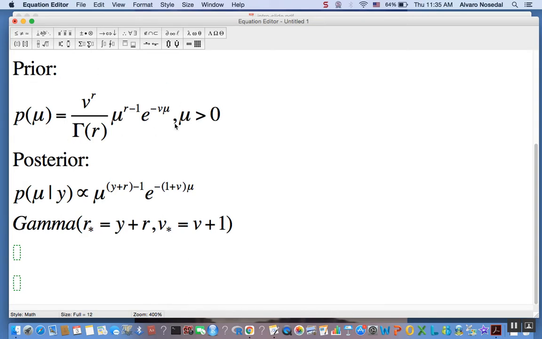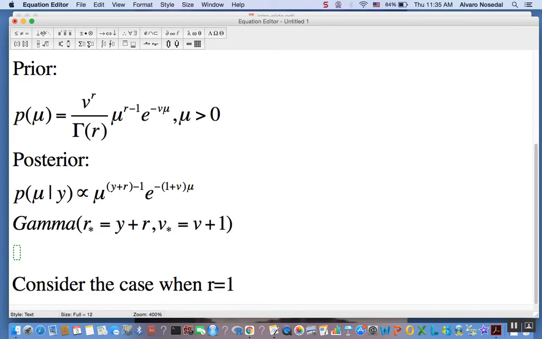Now let's talk about a particular case in this gamma prior family. Consider the case when r equals 1.